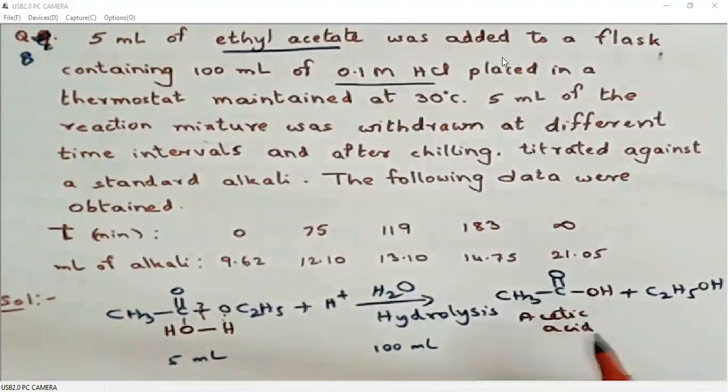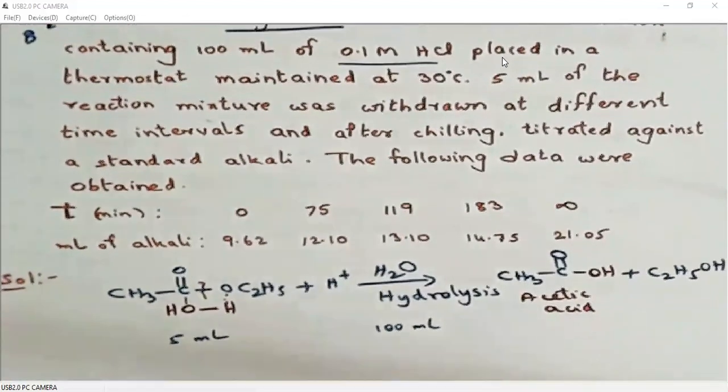Then after some time, what is happening? Due to the hydrolysis, the ester is slowly converted to acetic acid. Now what we are doing? We are titrating this acetic acid with sodium hydroxide.